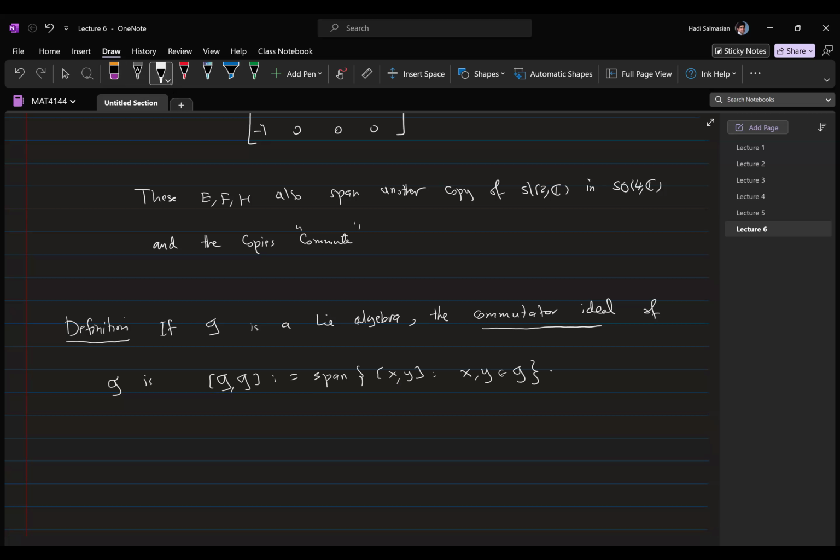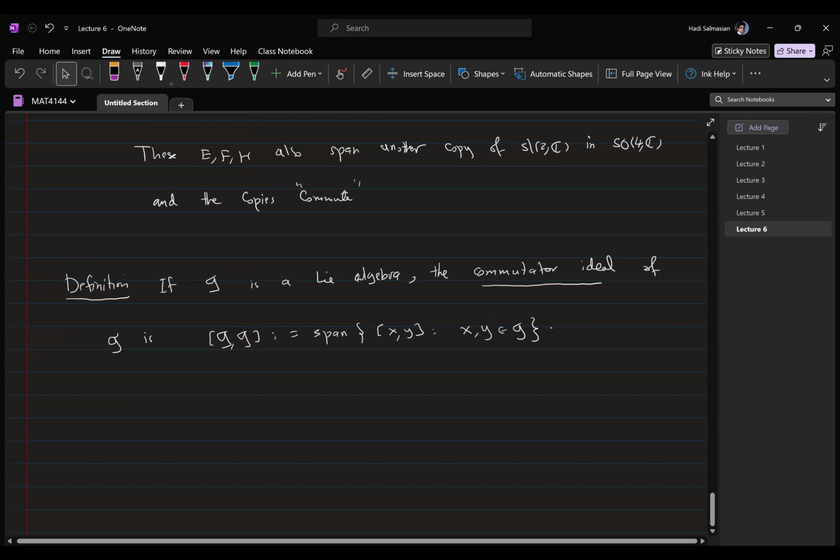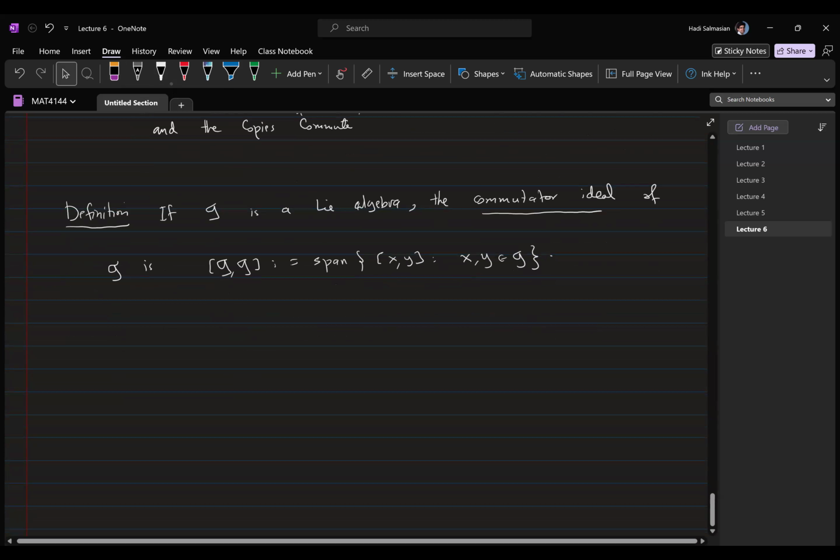In fact, it will be an ideal, clearly, by definition. This is a very simple exercise.